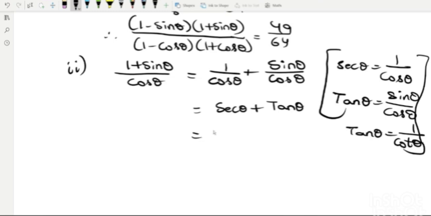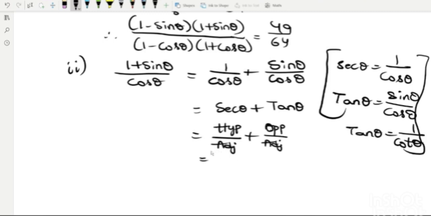So what would be the value of the secant theta? The formula for the secant theta would be the hypotenuse side divided by the adjacent side, plus, if you want to write, you can write tan theta as opposite side upon adjacent side.